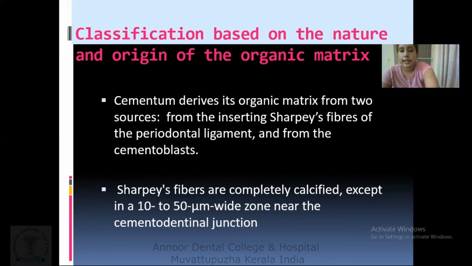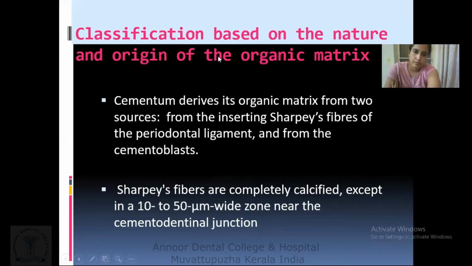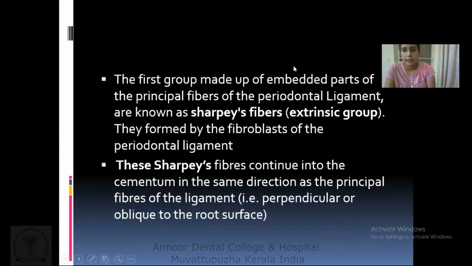Now, coming to the next classification, that is based on the nature and origin of the organic matrix. First you must understand that there are two groups of fibers. The first one is the extrinsic group, and the second one is the intrinsic group.